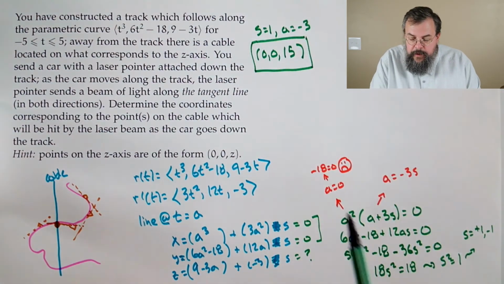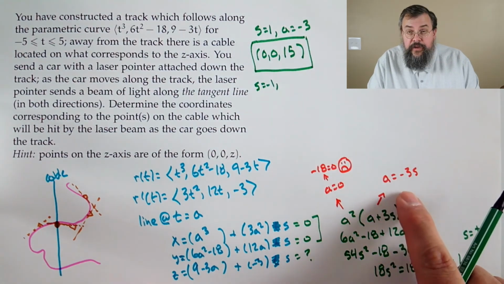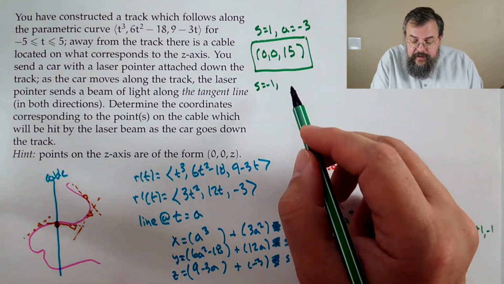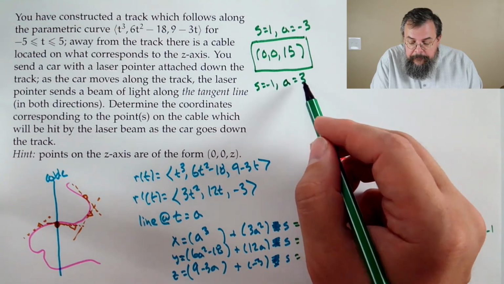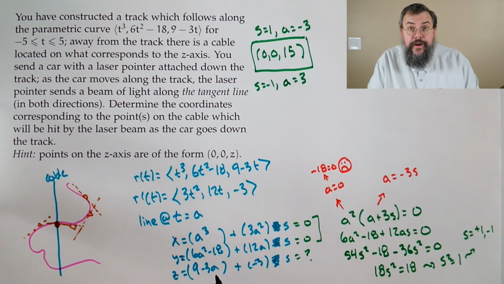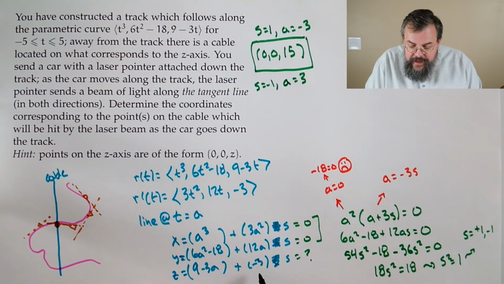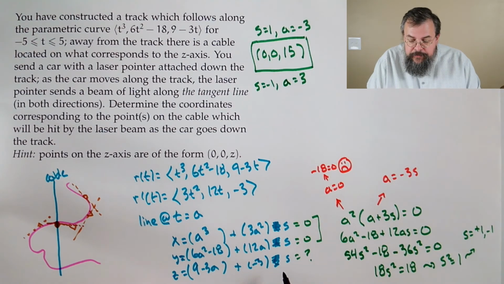Now we do the negative 1. If s is negative 1, well, a is negative 3 times that, so that says a is equal to 3. So plug it in. 9 minus 9, 0. Gone. All right. Negative 3 times negative 1, positive 3.